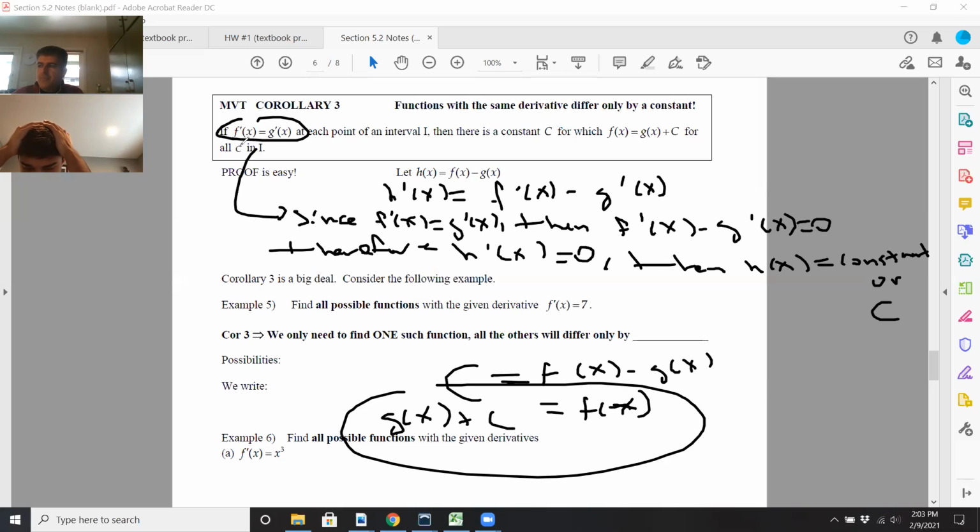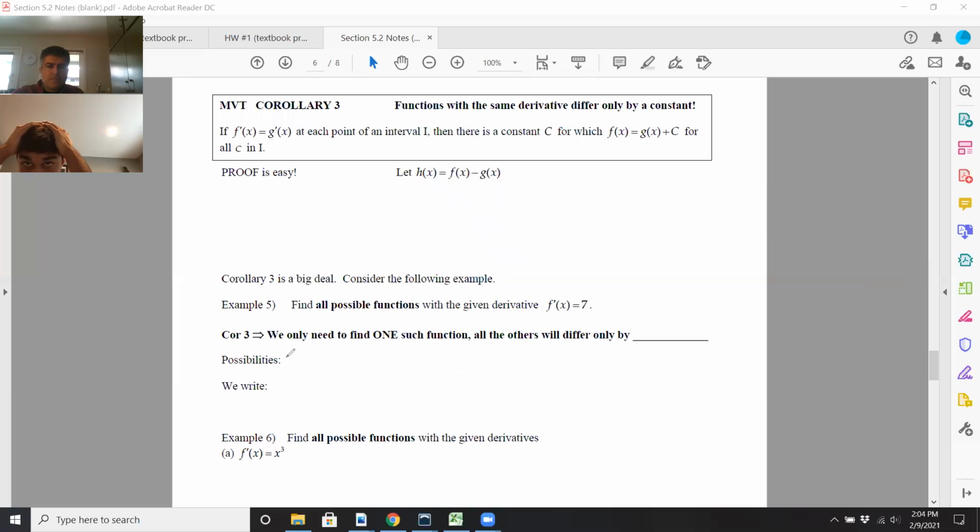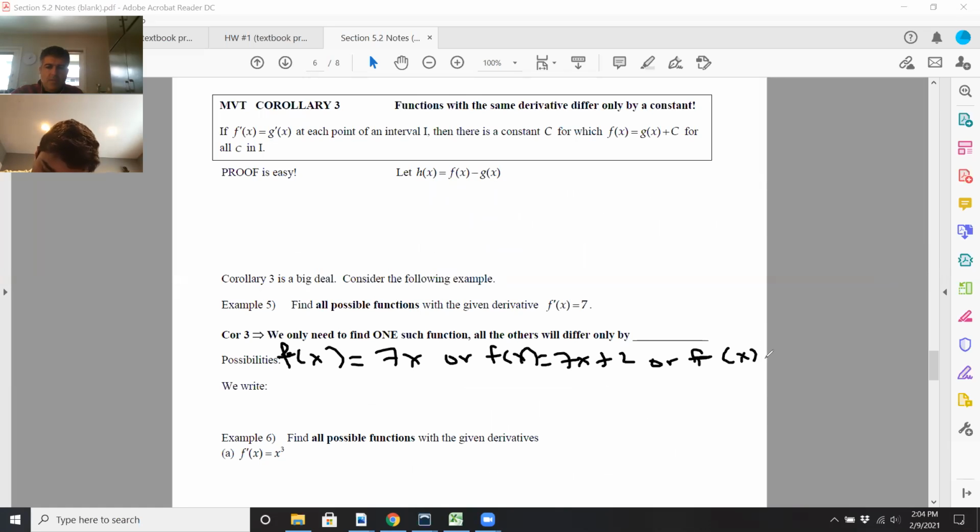Well, we could say that f of x equals 7x, or you can say f of x equals 7x plus 2, or you could say f of x equals 7x plus any constant.